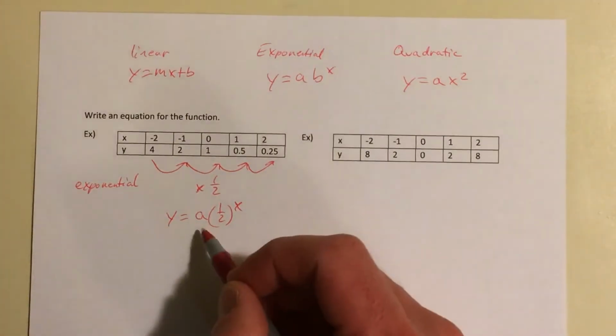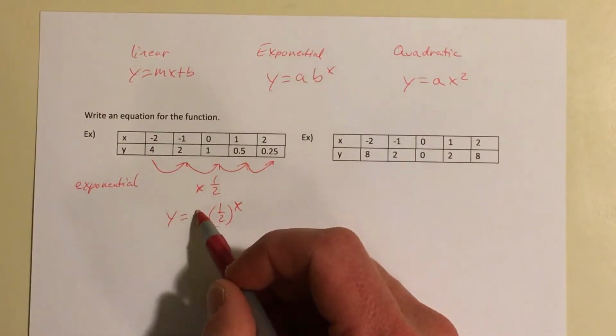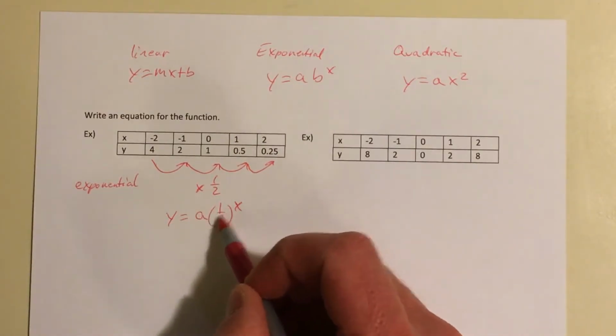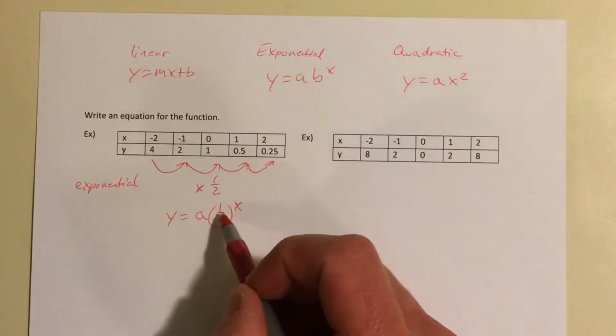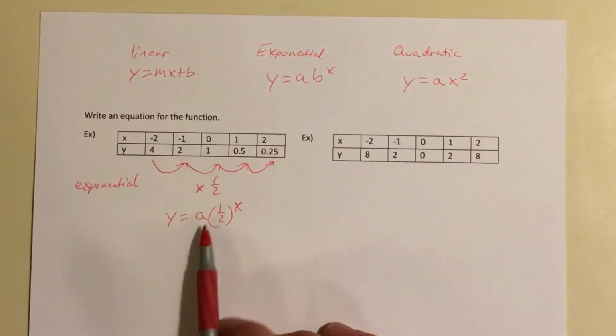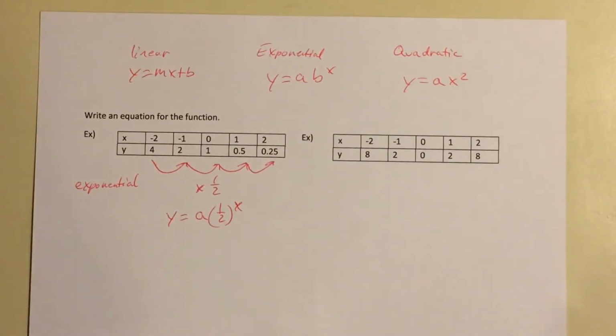And so in that model that we did with the alien, you would have 1 alien, but then it doubled every hour, I think we did. So we put a 1 there, a 2 there. Well, the a is the initial amount. It's the starting amount. But it's also your y-intercept.